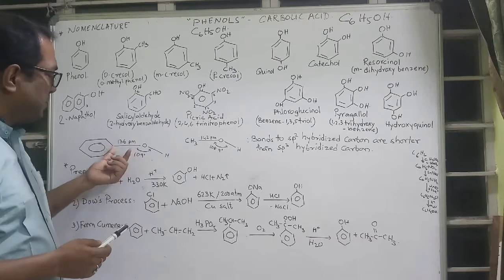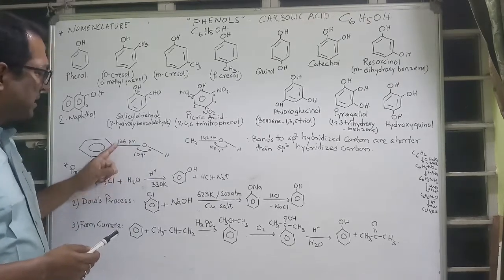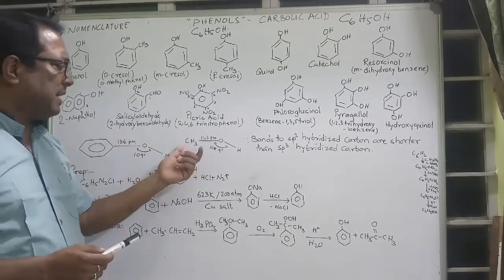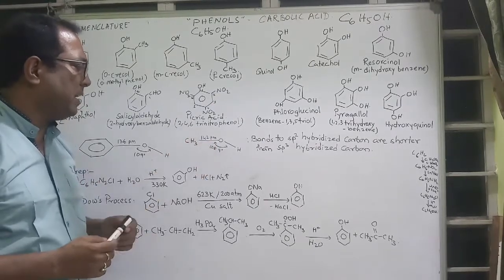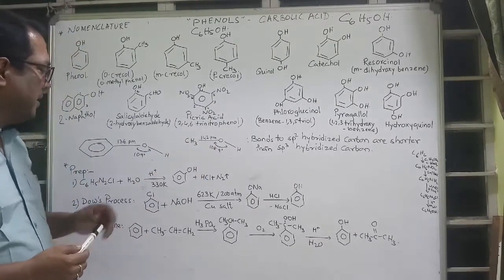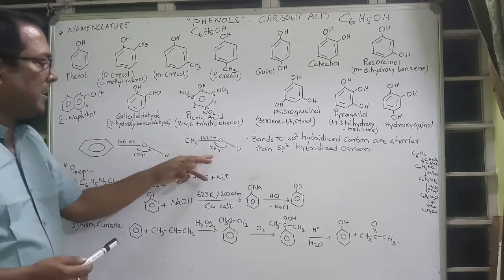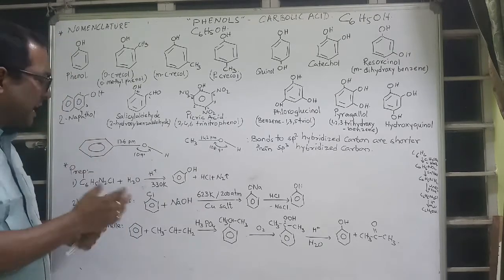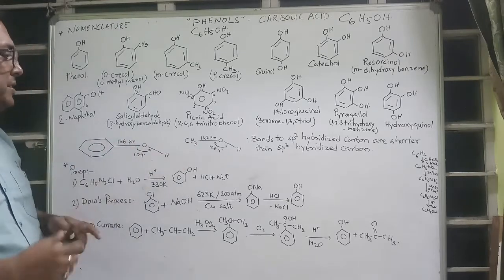So the distance between the carbon and oxygen in the aromatic is 136 picometer, slightly less than that of the aliphatic carbon with oxygen bond distance of 142 picometer. Here the angle formed is almost the same, 109 and here 108.9 degrees. Why is it slightly less than that of the aliphatic?